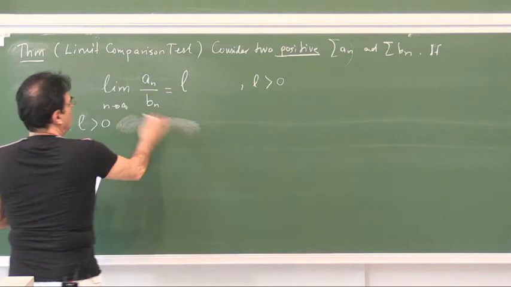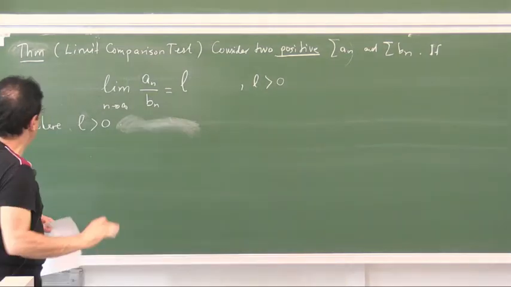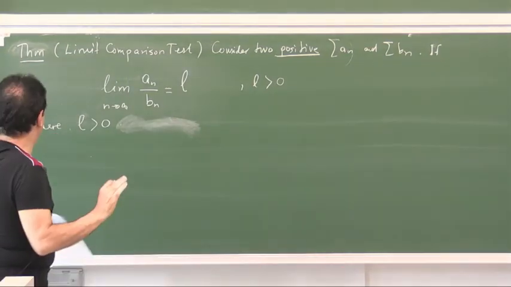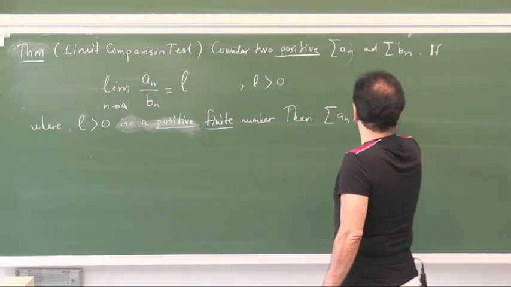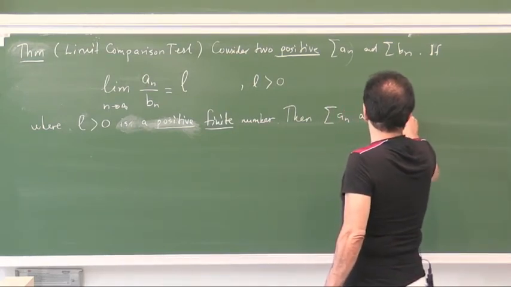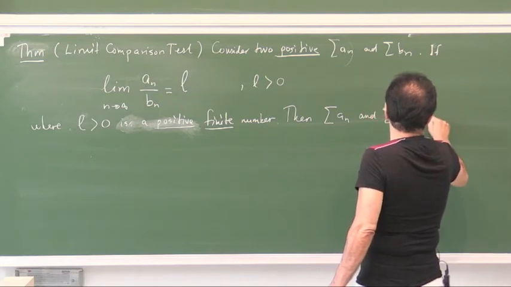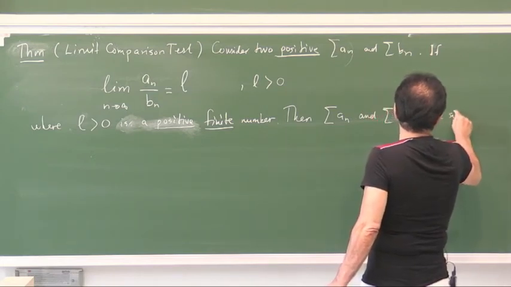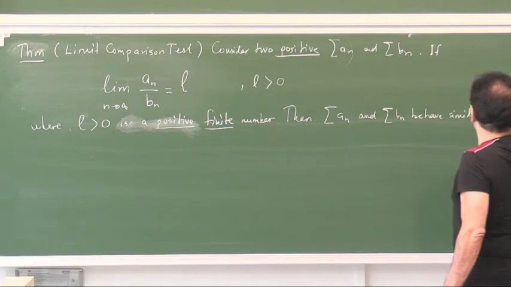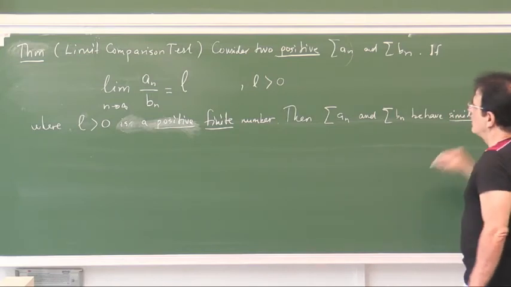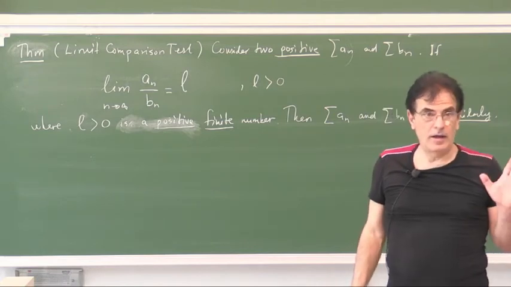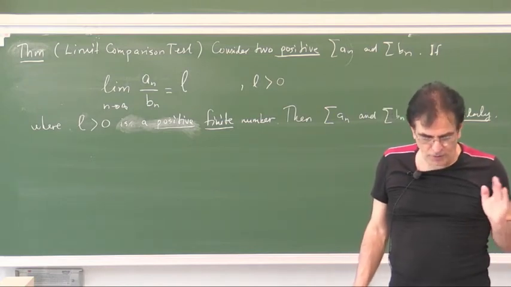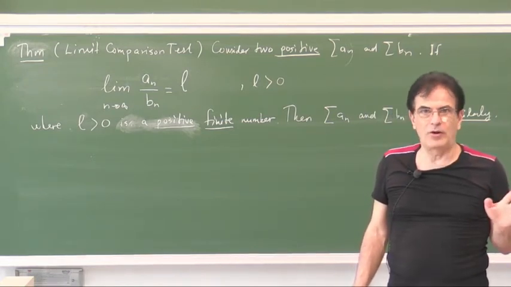I will give an expression for that. In general, it is a positive finite number where sigma an and sigma bn behave similarly. You know, either both converge or both diverge.